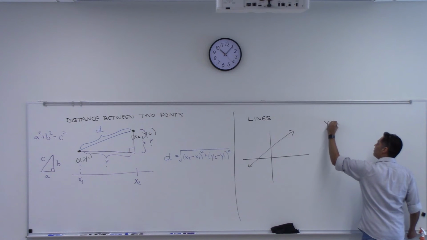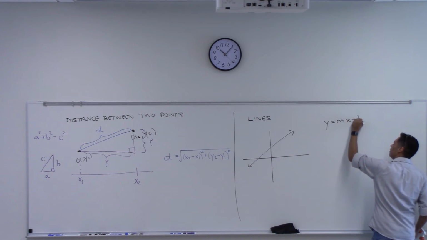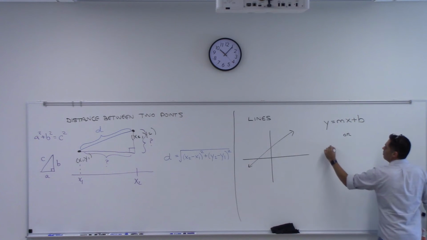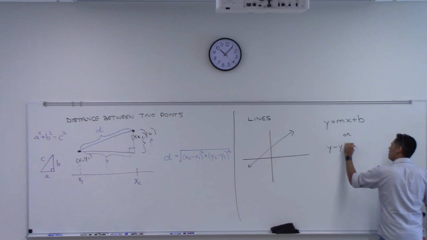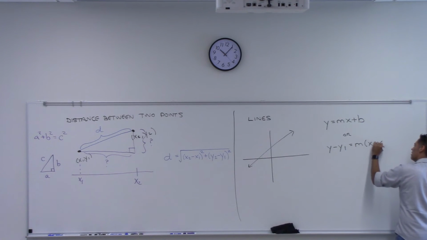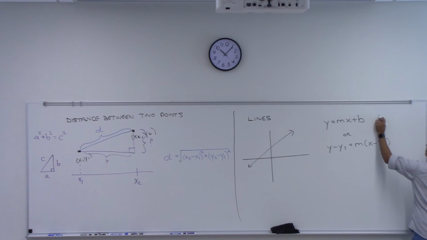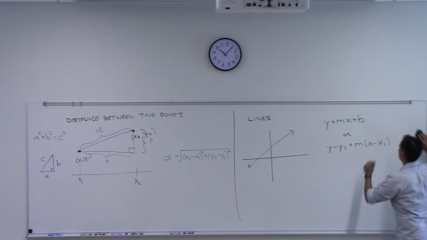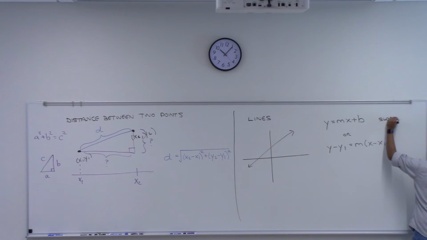You can have y equals mx plus b, or you can have y minus y1 equals m times x minus x1. I'm just recapping stuff from college algebra here. This is called slope-intercept form, and this one is called the point-slope form.